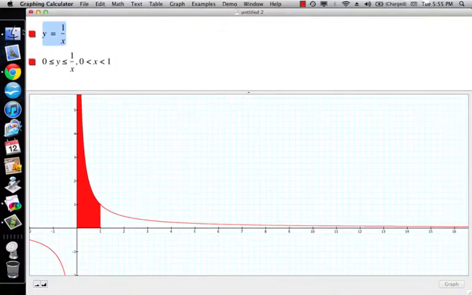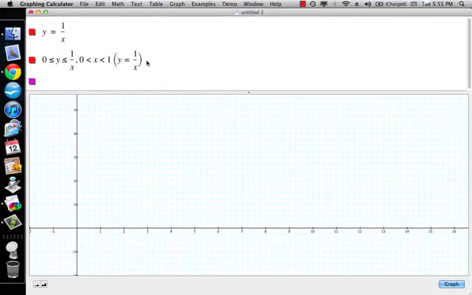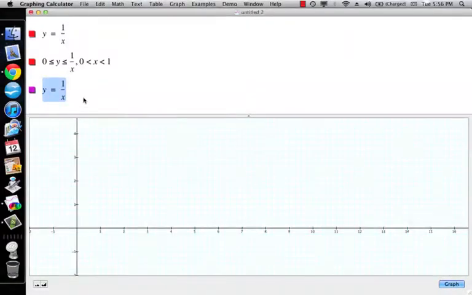But if I tweak it a little bit, I can make that area smaller. So I can raise x to the 0.5.